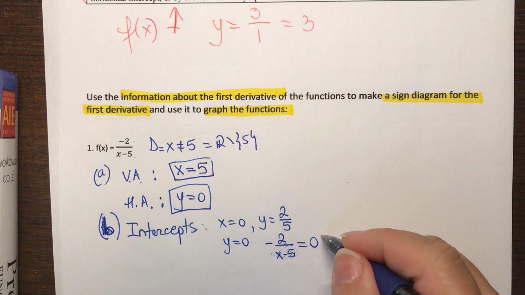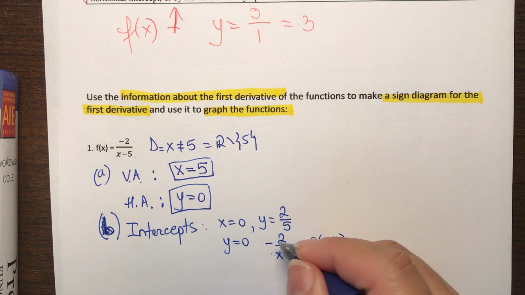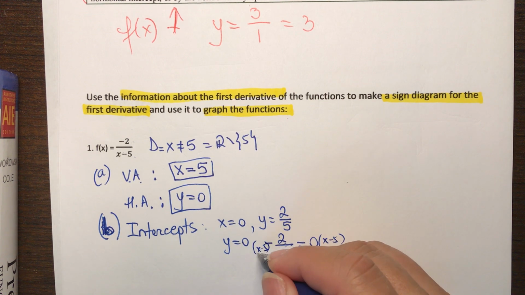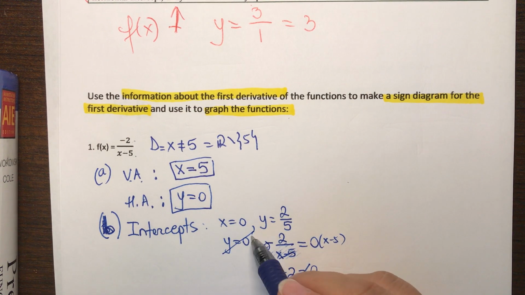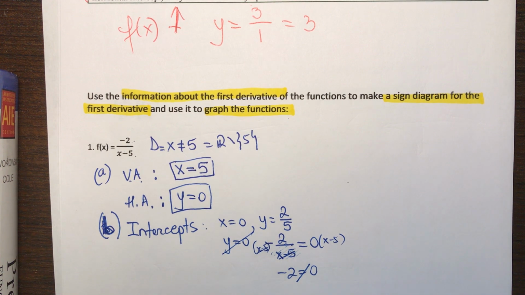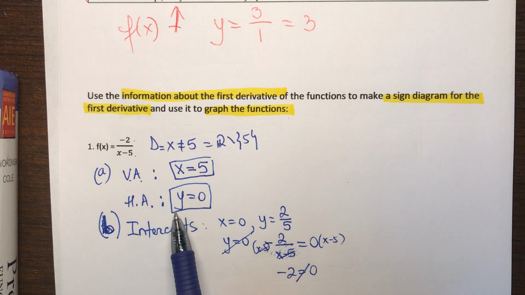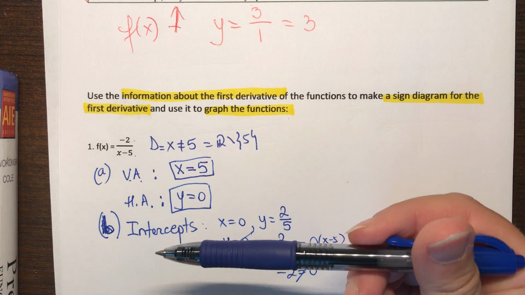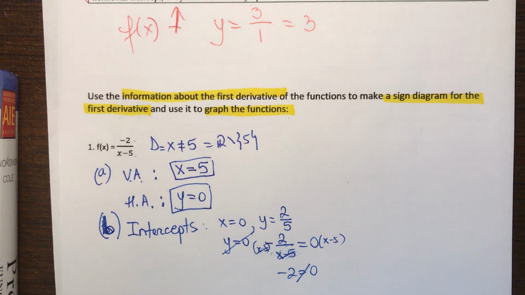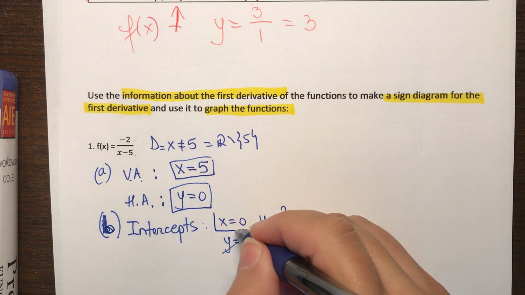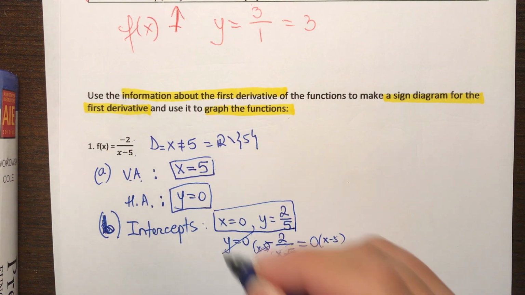You could think about multiplying both sides by x minus 5, and you get negative 2 equals 0. That's not possible, right? So that's not going to happen. Plus, as we said, y equals 0 is a horizontal asymptote, so the graph is just going to get close to it, but in fact not going to touch it. However, this is a good point to hold on to, okay?